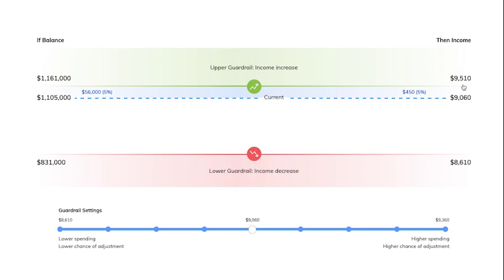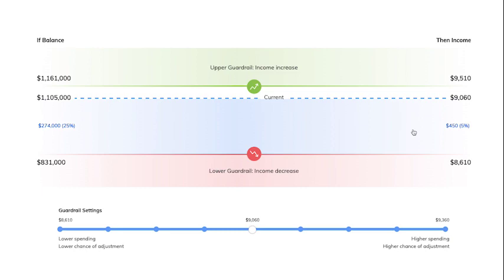We know Bob and Jill do not want to spend anywhere near this much, but that's okay. And everyone's a little bit different. But let's say they did want to spend the $9,060. Well, then we have to keep an eye out and make sure that if their accounts get off track, that we reduce that spending if we need to.